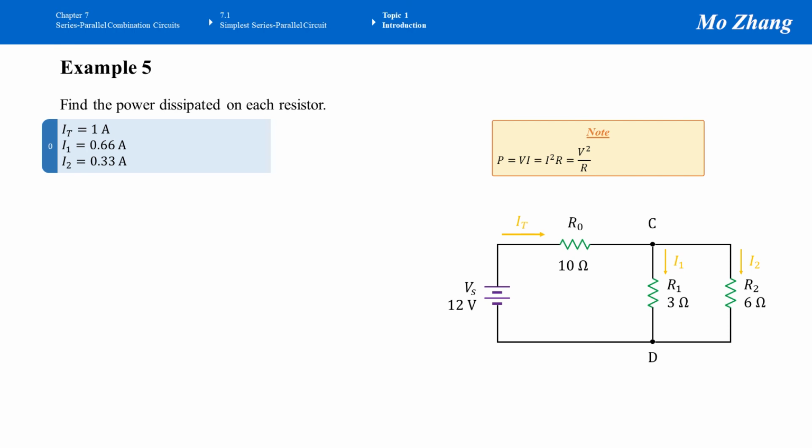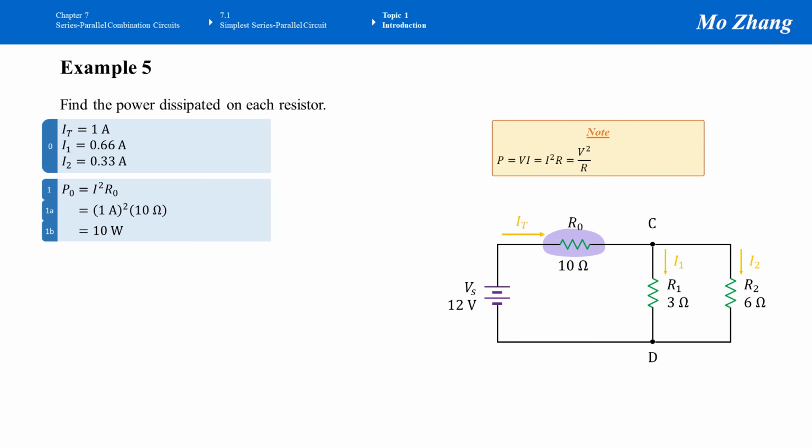Now we are ready to find the power dissipated on each resistor, such as the power dissipated on R0. P0 equals the total current squared times R0. Plug in the numbers. 1 amp squared times 10 ohms. The unit for the current is amp, no prefix.